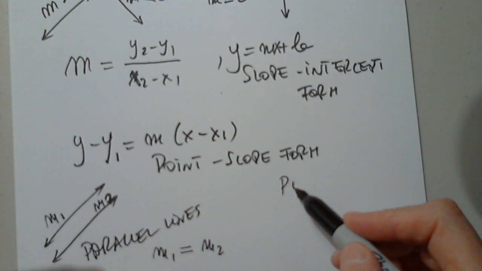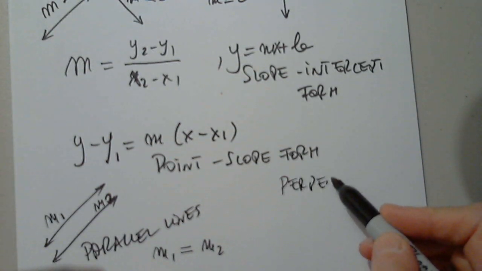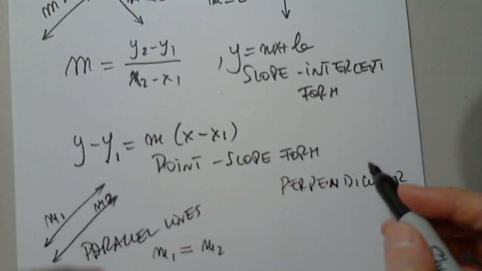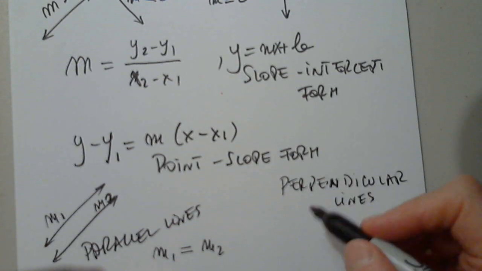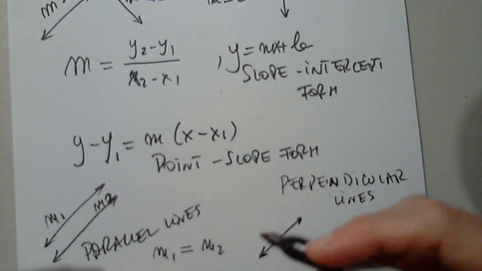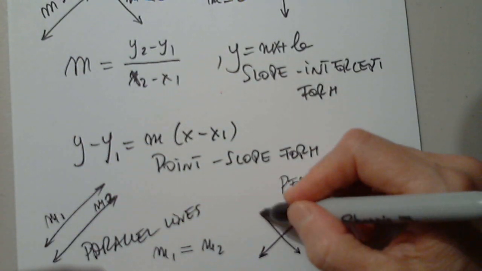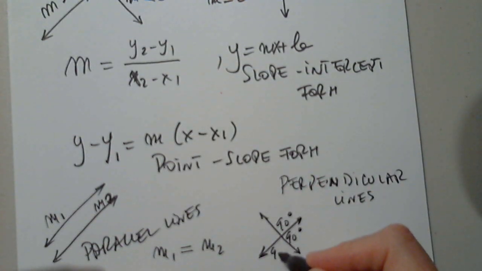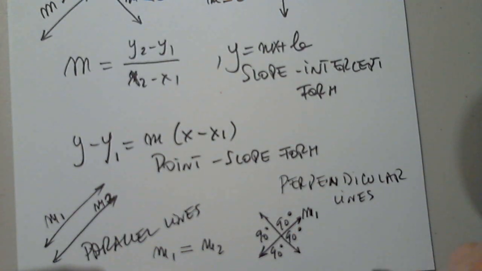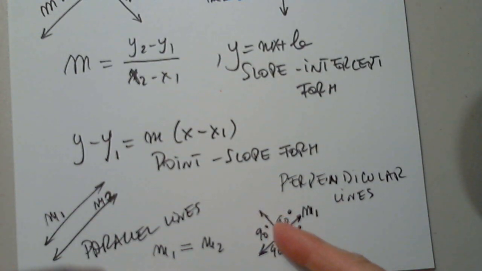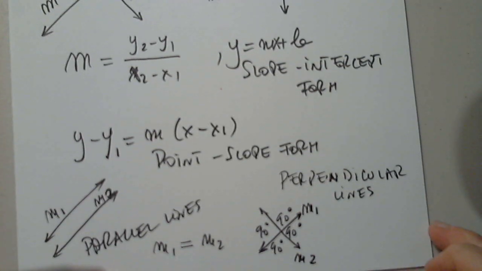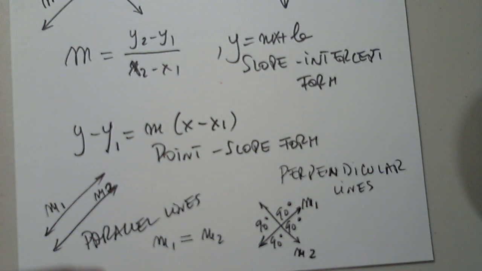What about perpendicular lines? So a line perpendicular to another. 90-degree angles, 4 of them. So this is a line with slope m1, and this is a line with slope m2. What is the relationship between the two slopes if the two lines are perpendicular?